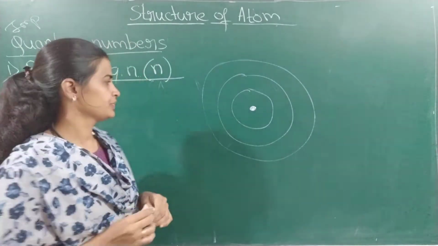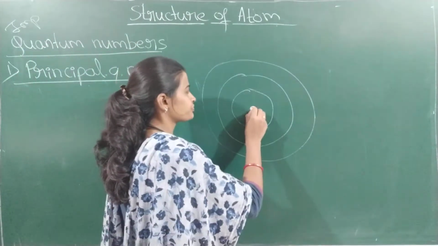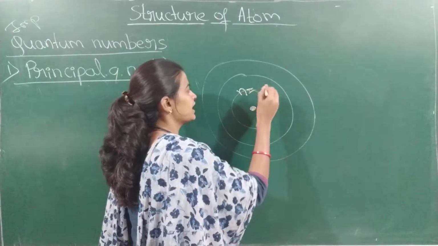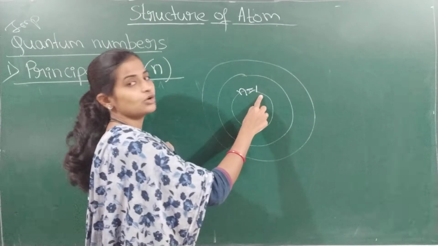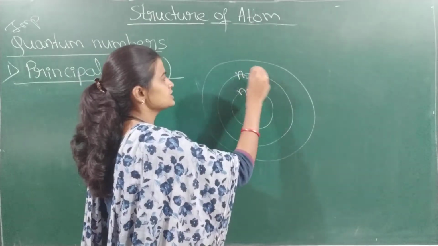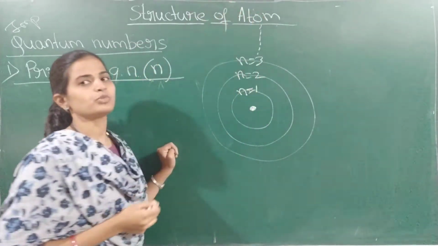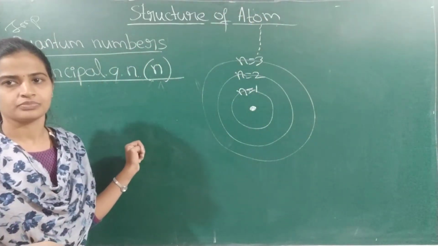The first orbital which is near to the nucleus is named n is equal to 1. Second one, n is equal to 2. Third one, n is equal to 3, and so on up to infinity.